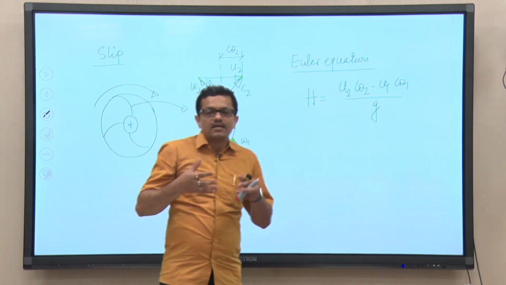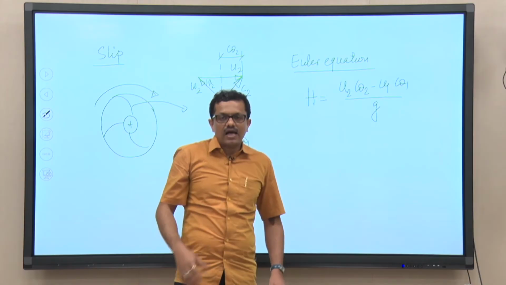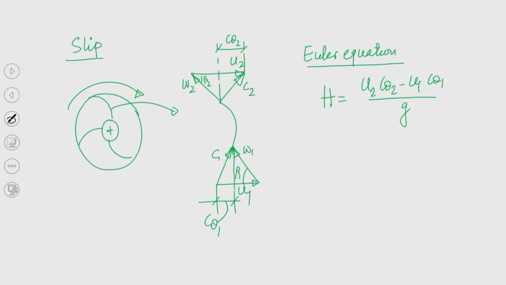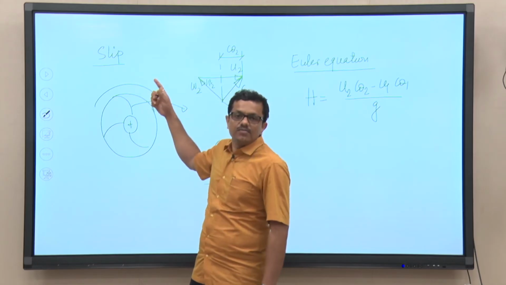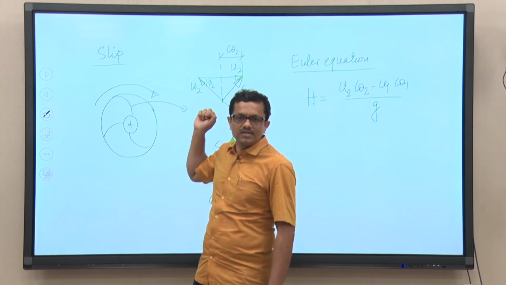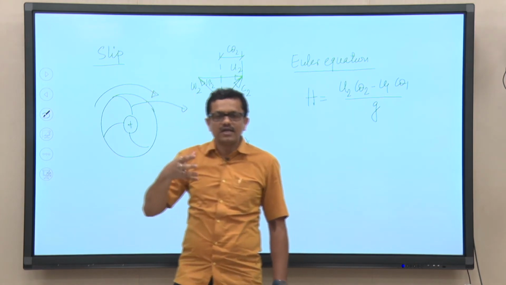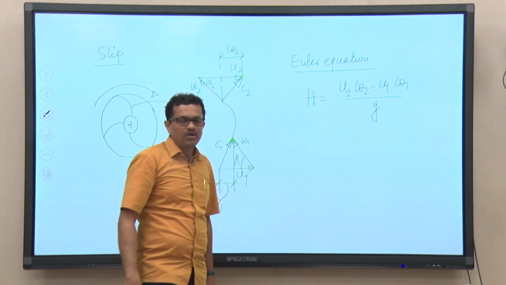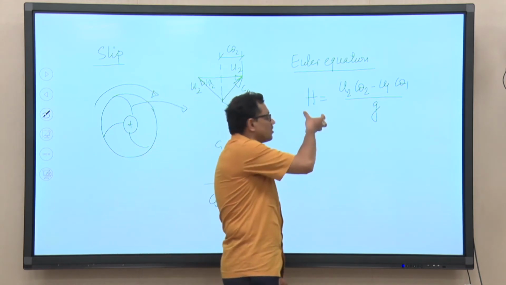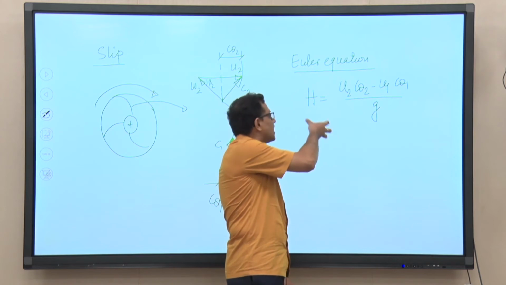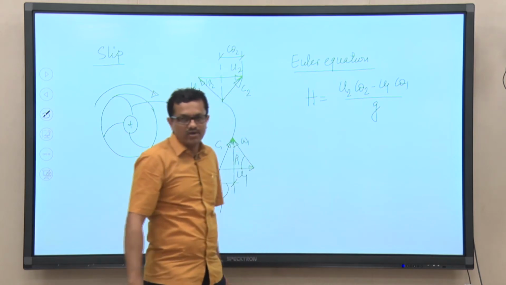There are several reasons, and one of them is the existence of slip, an important phenomenon in pump operation, which is responsible for reducing the head below that predicted by the Euler equation.